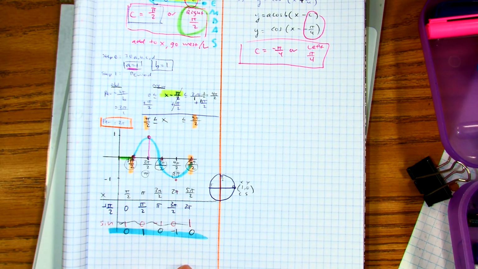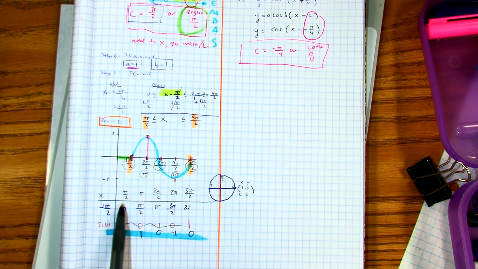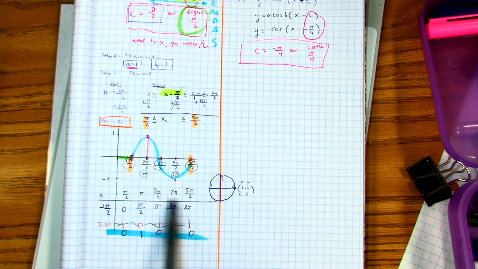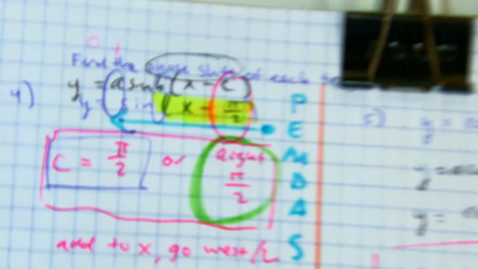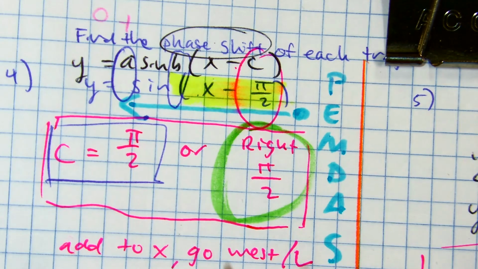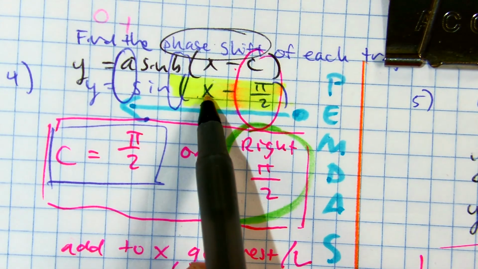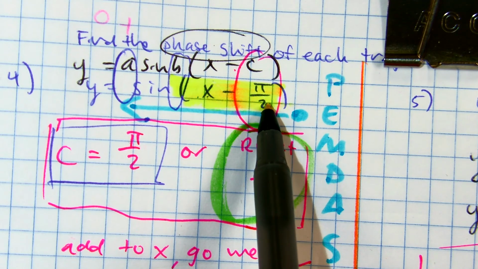And let's just say you're like, Mr. Ng, this table of values is pretty complicated, so let's just pick something. Someone pick a value? Someone said pi. Watch this. This is what the table of values essentially is. Class, what's pi minus pi over 2? And sine at pi over 2 is what?